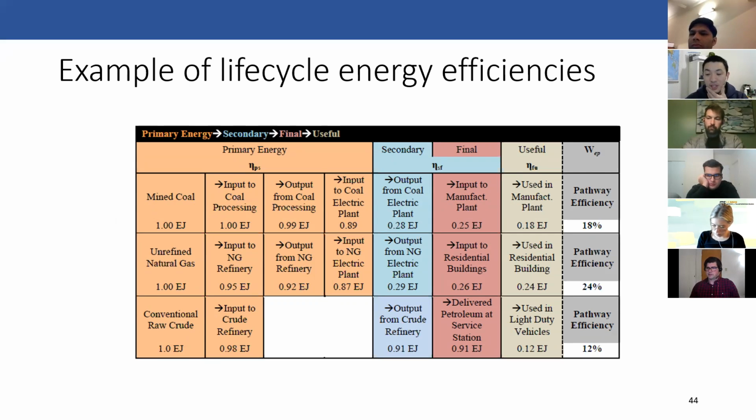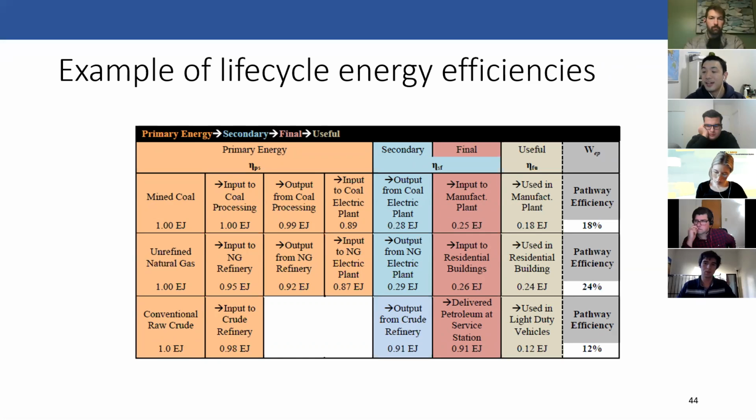If I look at the top row here, I'm going from 1 exajoule of coal. It goes through some processing, input then output. You lose a little bit of the coal, and then it goes into the coal plant. You lose a little bit more coal, and then it gets converted from coal into electricity. And so now we're in blue, which is secondary. And that's where you're going to get a lot of losses here.